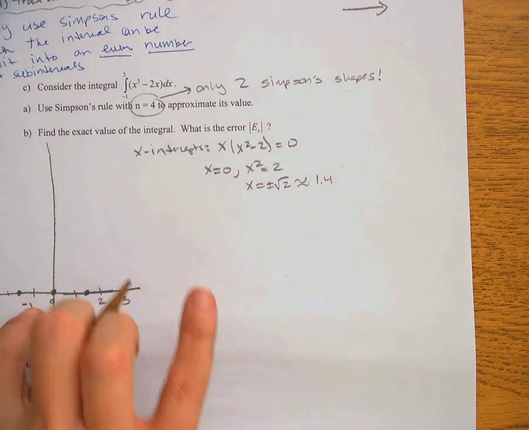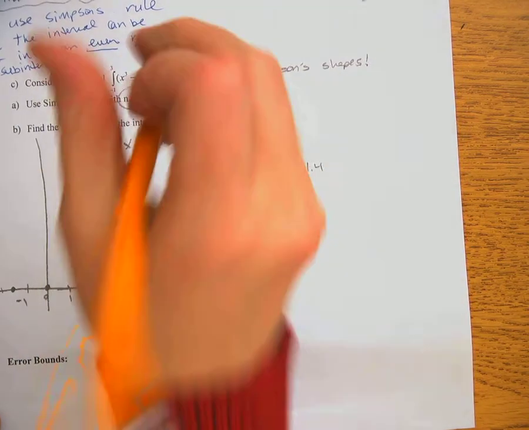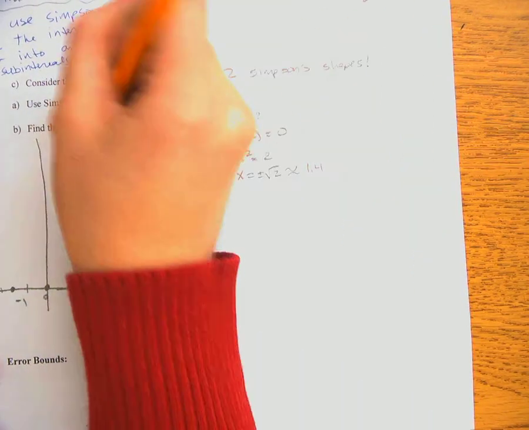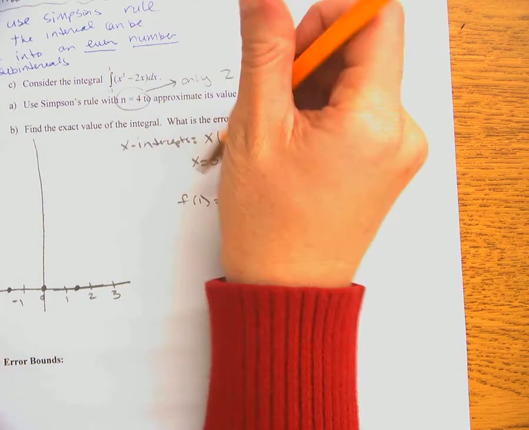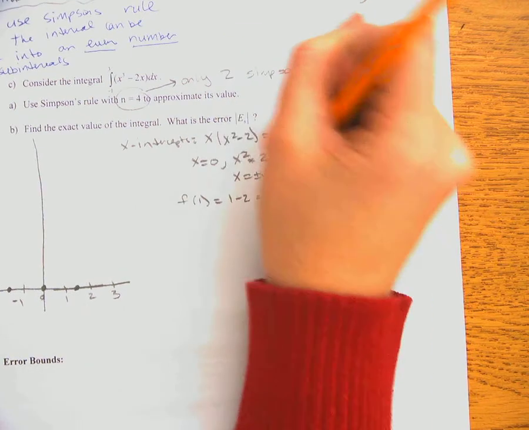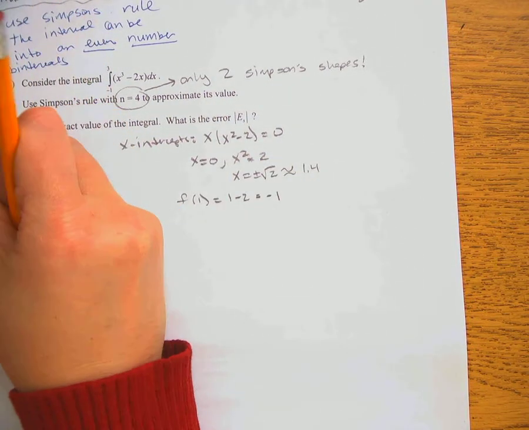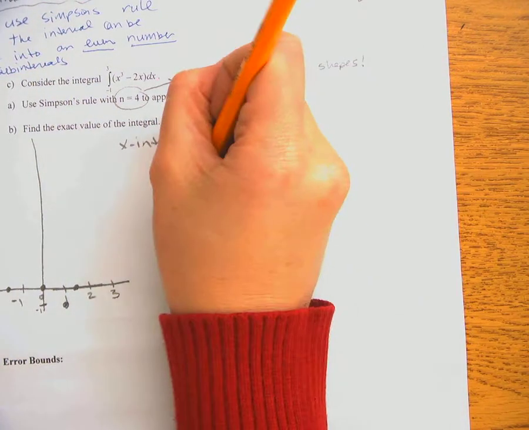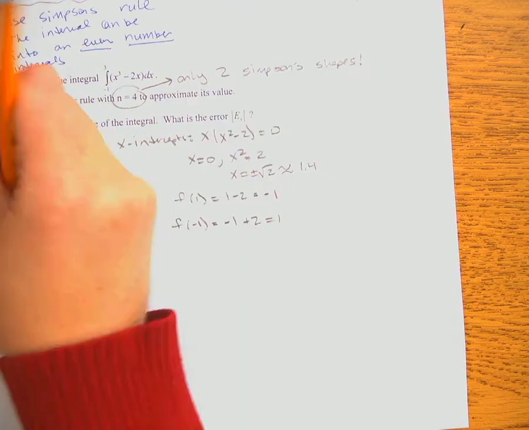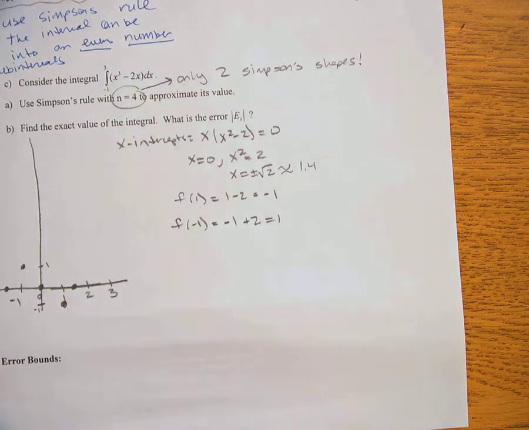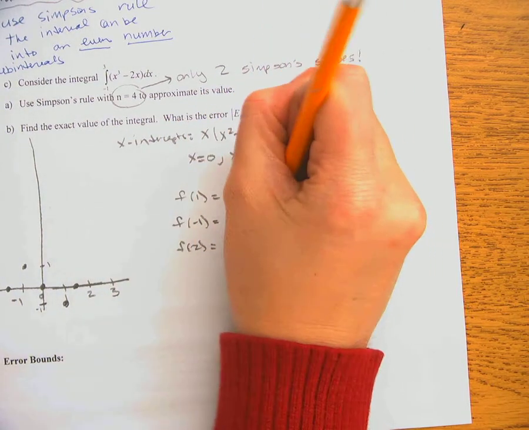And then I'll go ahead and plug in -1, 0, and then 1, 2, and 3. So let's do that right here. f of 1 would be 1 minus 2, which is -1. Let me do f of -1, which would be -1 plus 2, which is 1. f of 2 would be 8 minus 4, which is 4.